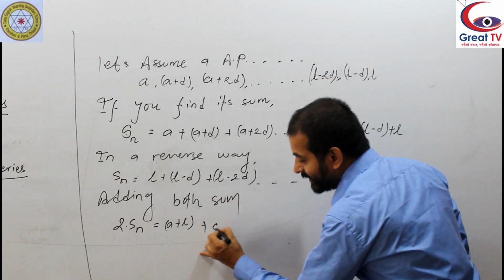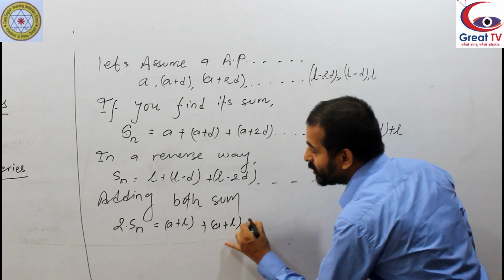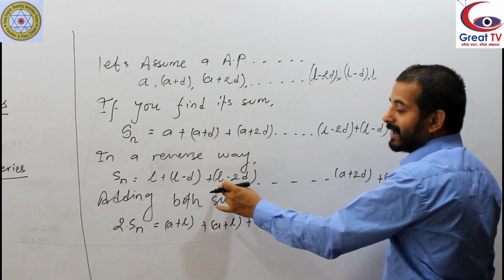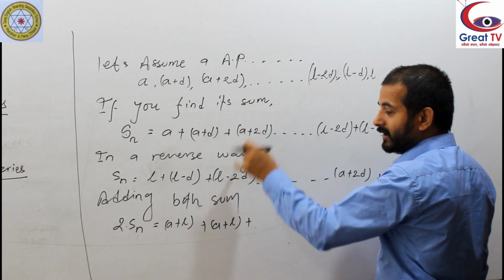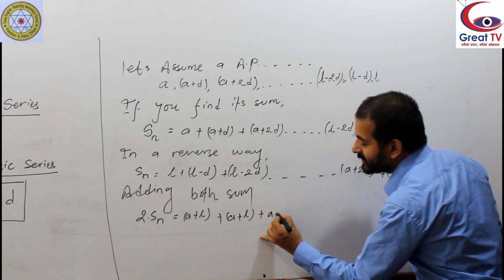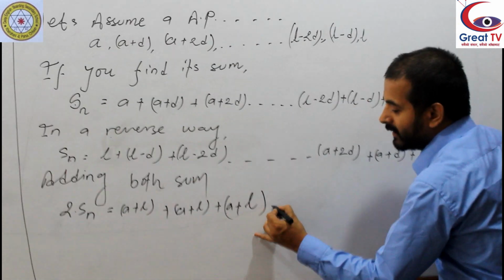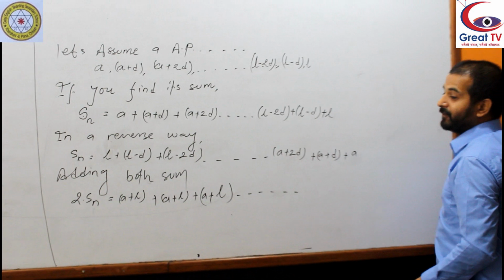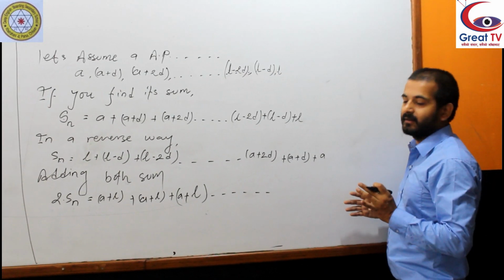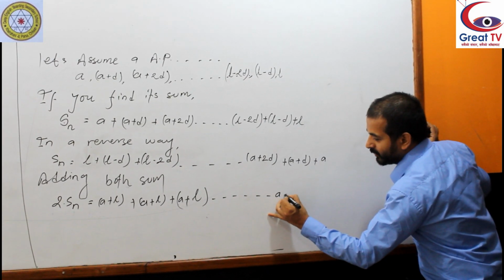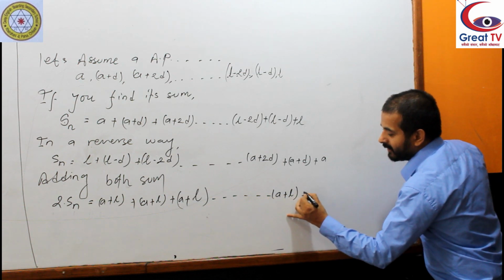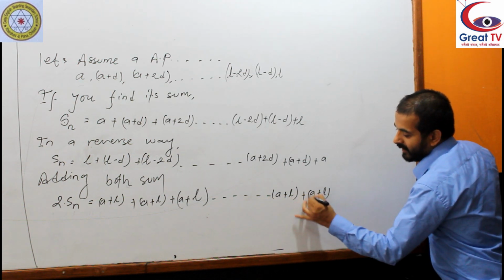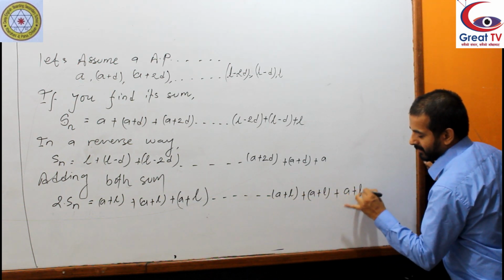Correct. It is again a plus l. And so on. a plus 2d, l minus 2d. Tell me the sum. 2d cancels. Again a plus l. Again a plus l. In the same way, you will find numerous a plus l. Here also a plus l, and here also a plus l.